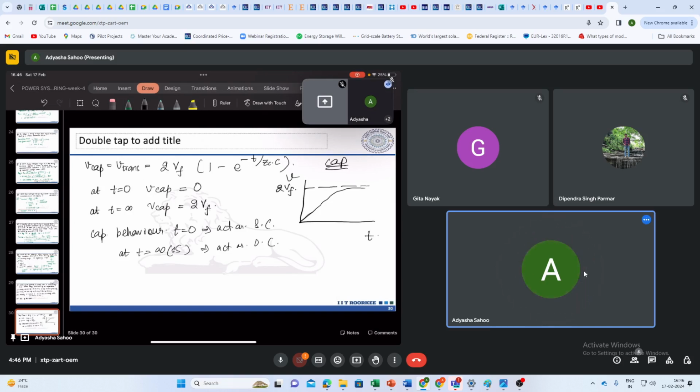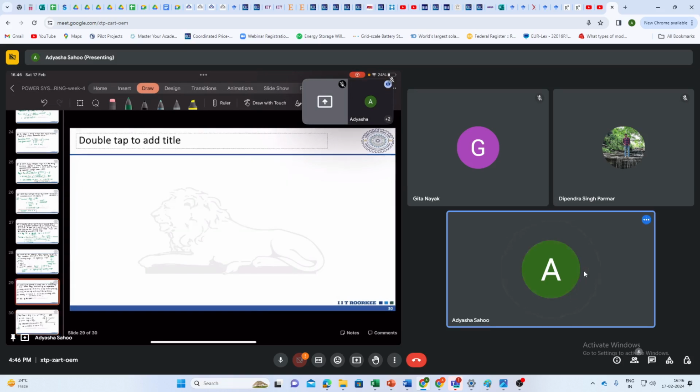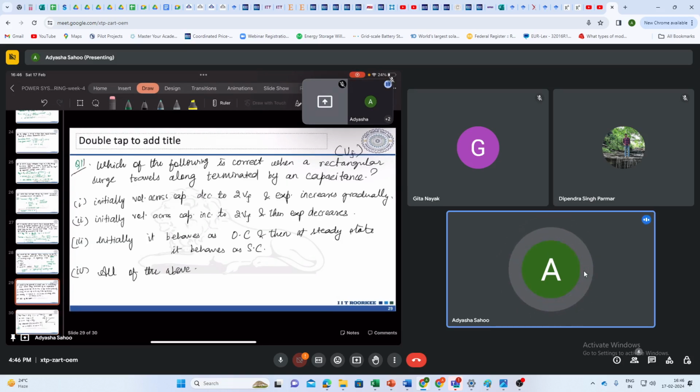So this is the solution for 11. I think I have to reframe the options here. If I say initially decreases to 0 and exponentially increases, this is the correct one.